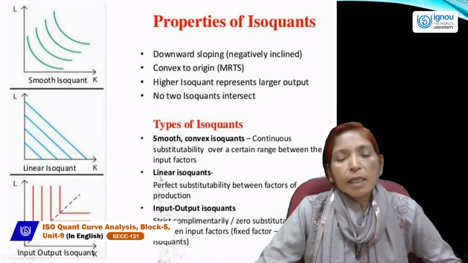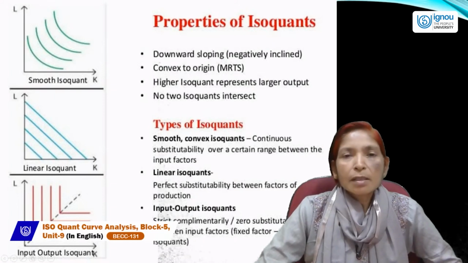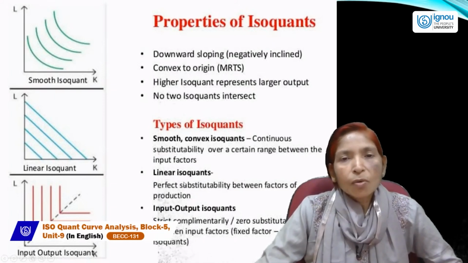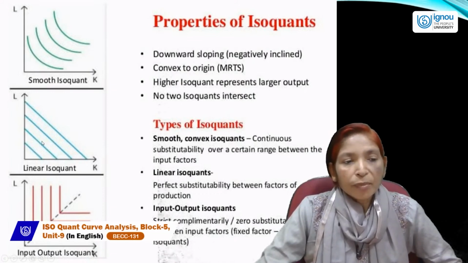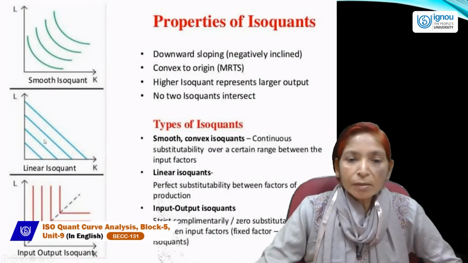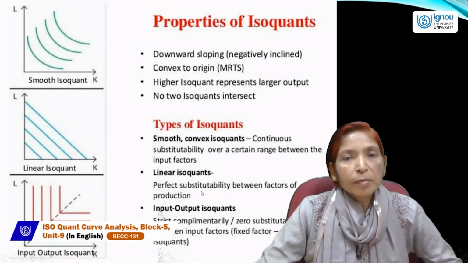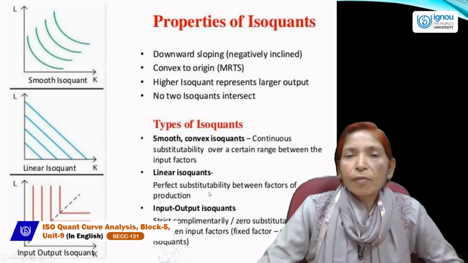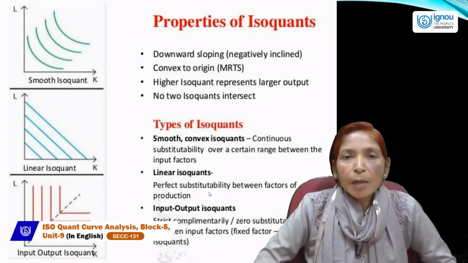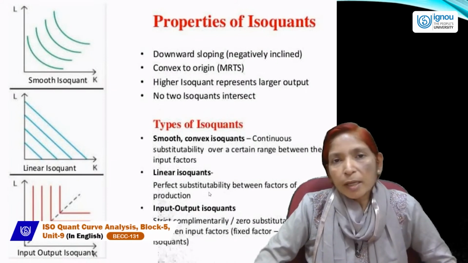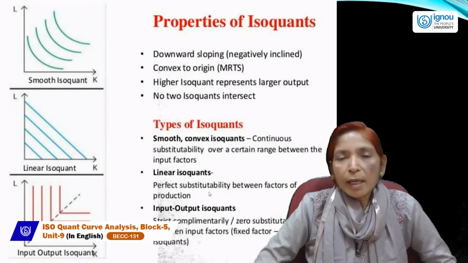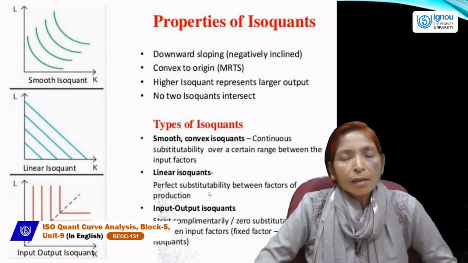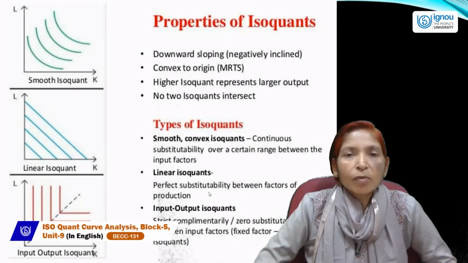Second case is linear isoquant. This is the second type of isoquant curve. Isoquant curve may be linear. When will it be a linear shaped curve? When the perfect substitutability law is applicable. It means if both factors of production like labor and capital can be easily substituted, then in that case the marginal rate of technical substitution will be constant or equal to 1.